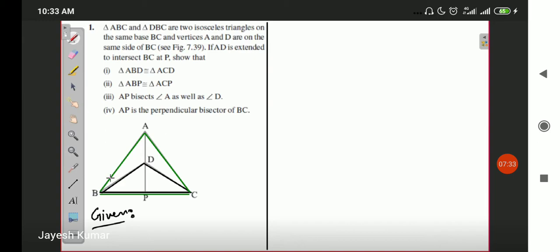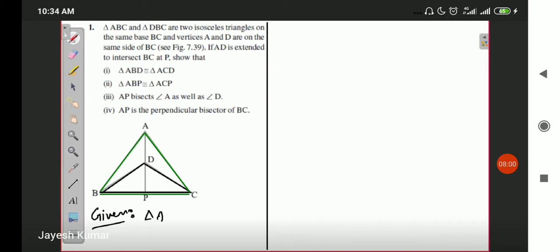That means this complete angle and this complete angle are equal, as well as angle DBC and angle DCB are also equal. Okay, so we will take the conclusion when we require it in the question. Just now we are only going to write down what is given to us.